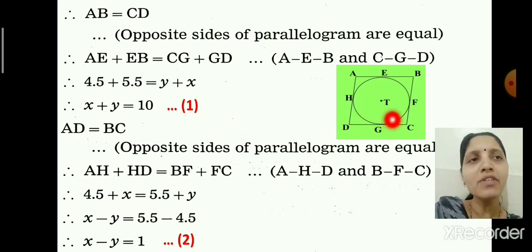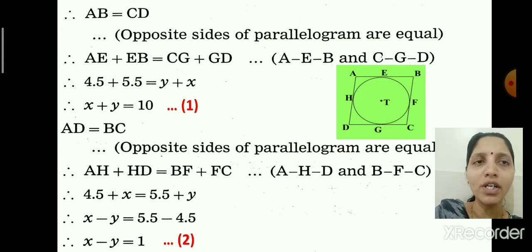Now as we have written AB is equal to CD, we can write AD is equal to BC. These two are also opposite sides of the parallelogram, so they are also equal. Therefore, AH plus HD is equal to BF plus FC. Reason you will write as points A, H, D are collinear and point B, F, C are also collinear points.